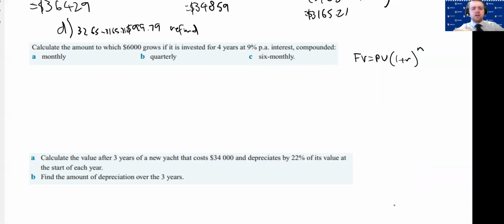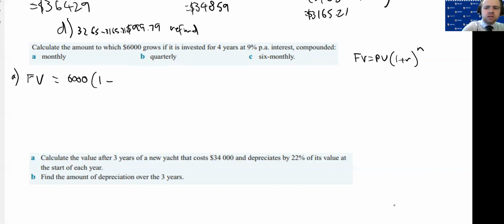Now we've got to be careful here though, because we're given a rate per annum, per year, but we're compounding at different rates. So we've got to convert both the rate and the number of periods to work out what the future value will be. So the present value was 6,000, the original amount.